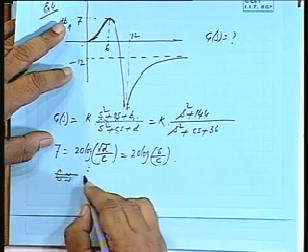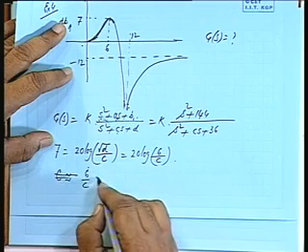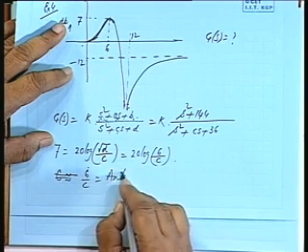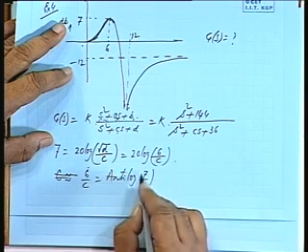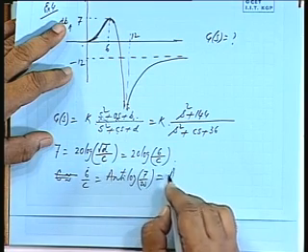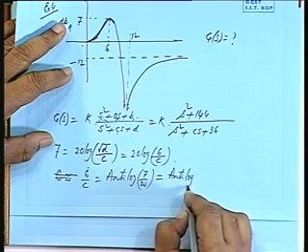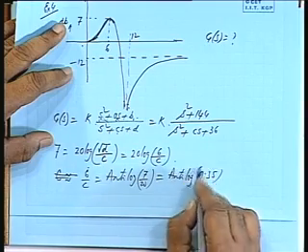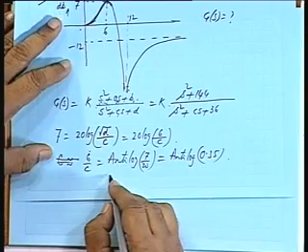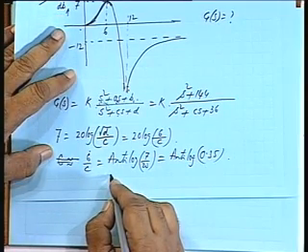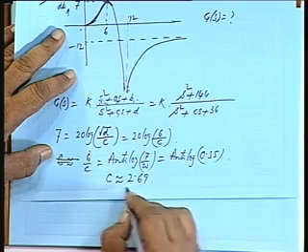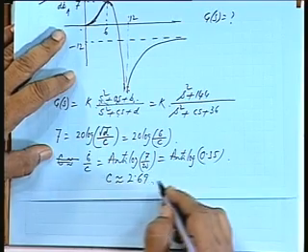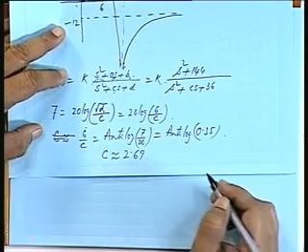Okay, 6 by c is antilog 7 by 20, so 0.35 antilog 0.35. Hence you can calculate c. I have calculated c approximately equal to 2.69 or so. It may be wrong, I mean it is somewhat some gross approximations I made.